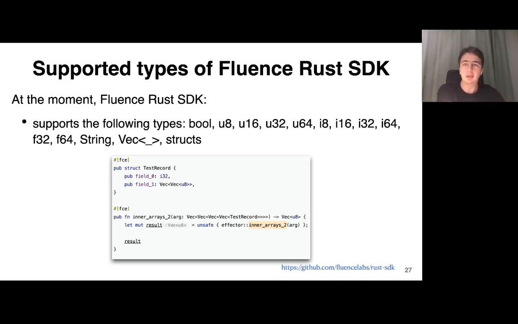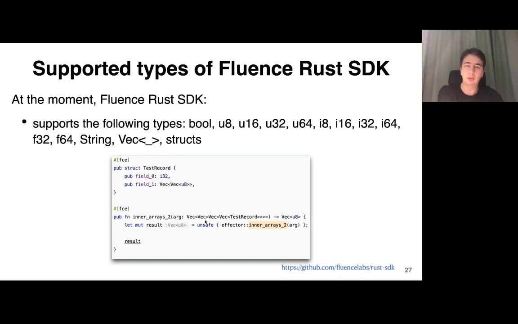In our SDK, we now support only the following types: all integer types, all floating point types, strings, vectors, and structs. It's also important that, unlike the Wasm engine, we support vectors of any types inside the type parameter.